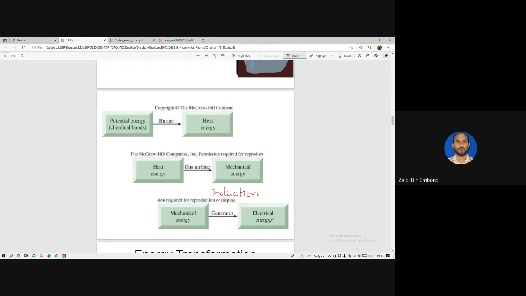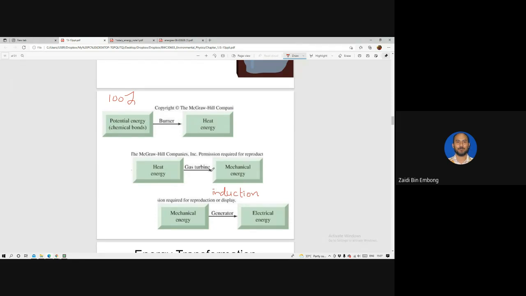Now my question: is the amount of energy from here and here equal or not? It's not perfect. If this one is 100 joule, over here it could be no longer 100 joule. You cannot get exactly 100 joule because there will be energy loss.